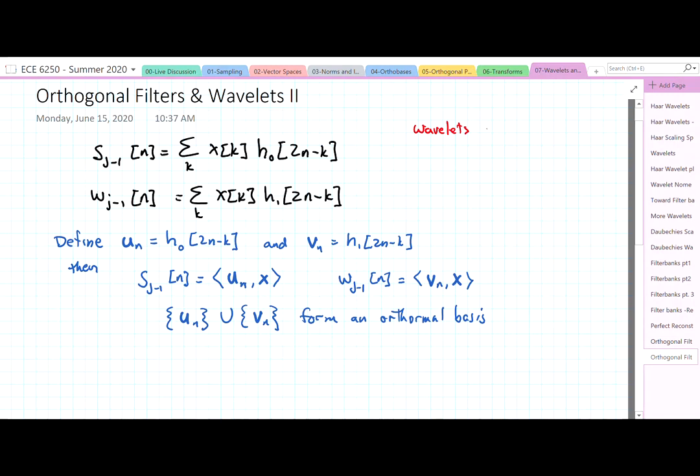Wavelets give a multi-scale approximation to a function. And we define that function as a function in continuous space, and we had wavelets in continuous space.